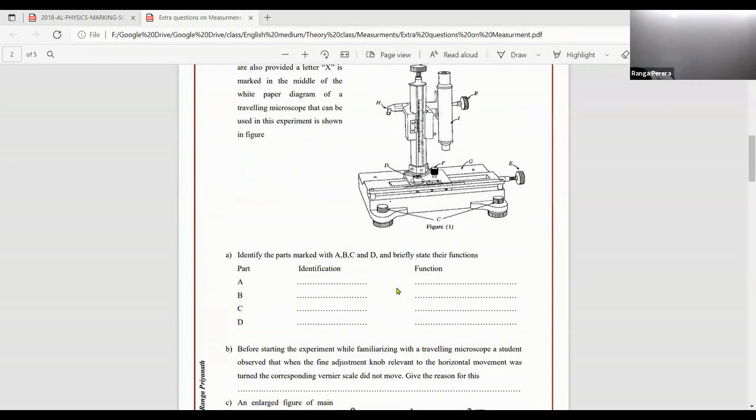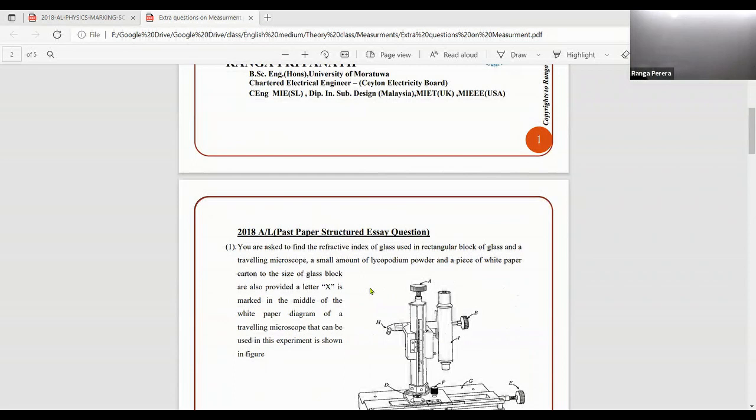This is 2018 past paper questions. Let's move to 2018 past paper questions, which is mainly from the traveling microscope. If I'm not mistaken, this is the very first question they ask based on the traveling microscope.